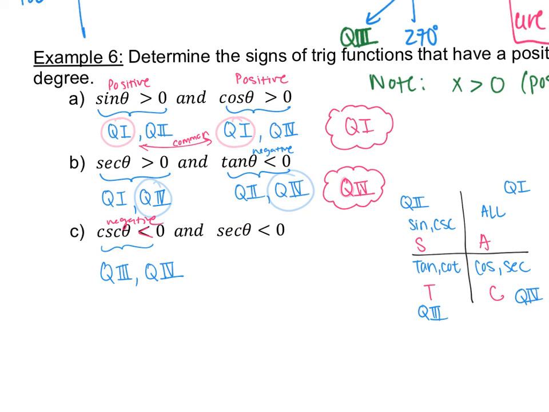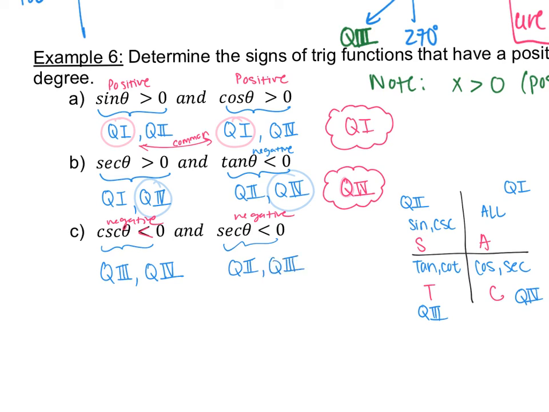For secant, it says that secant is less than 0, so this is also a negative secant that I have here. Secant is positive in the fourth quadrant and the first quadrant, but that means that quadrants 2 and 3 are where it is negative.